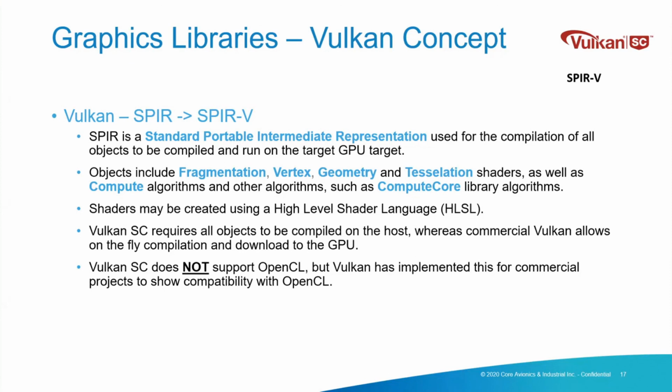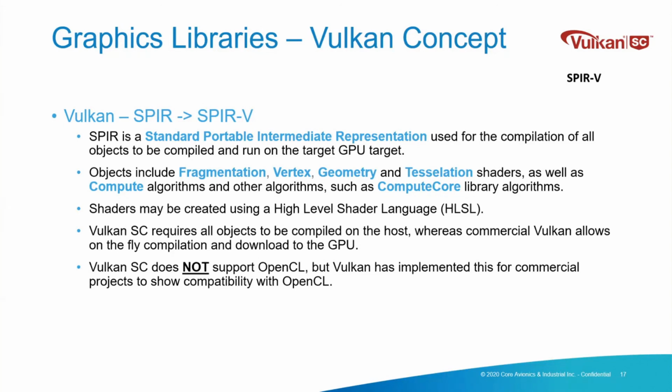So there are two different types of Vulkan. There's the Khronos standard commercial Vulkan that has some tools for OpenCL, and then there's the CoreAVI Vulkan SC that doesn't support OpenCL. But the API for OpenCL is totally different from Vulkan anyway. So for customers using OpenCL, we could talk to them and try to work out a smoother way to move to Vulkan SC.